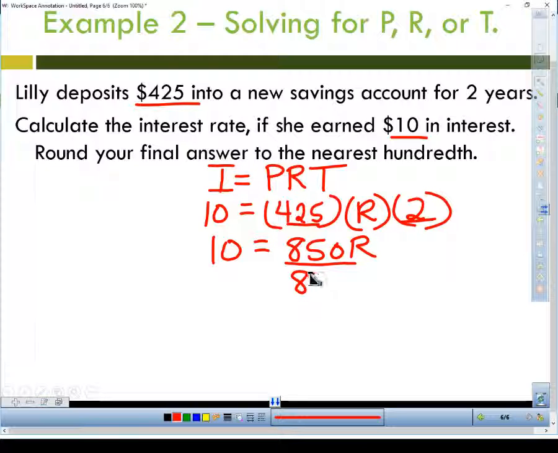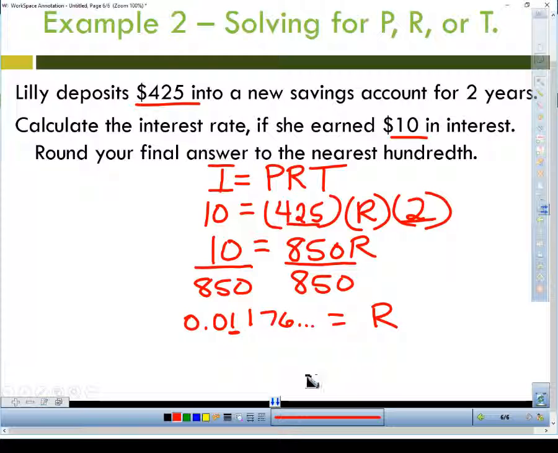I'm going to divide by 850 on both sides. 10 divided by 850 gives you a really long decimal. I'm going to put a couple of those. The directions say to round to the nearest hundredth, so we're going to round right here.